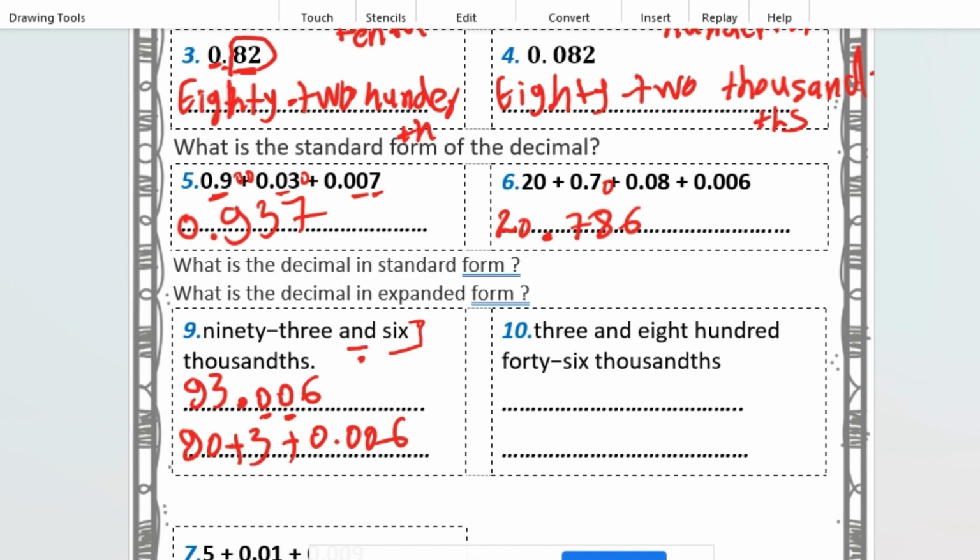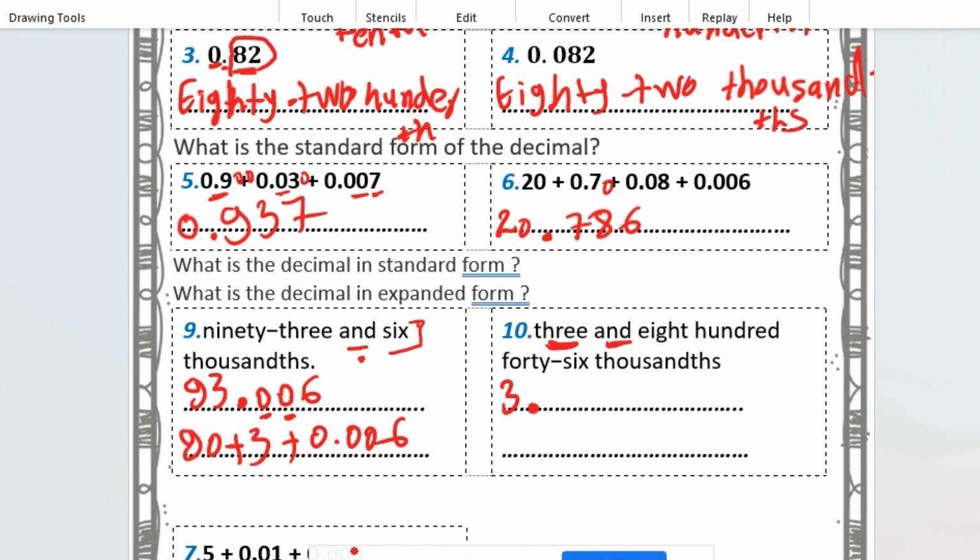Now here we have 3 and 846 thousandth. So our ones is 3, and when we see an and, we always put a period point. Okay, or a decimal point. I'm sorry, it's a period point, a decimal point, it's the same.